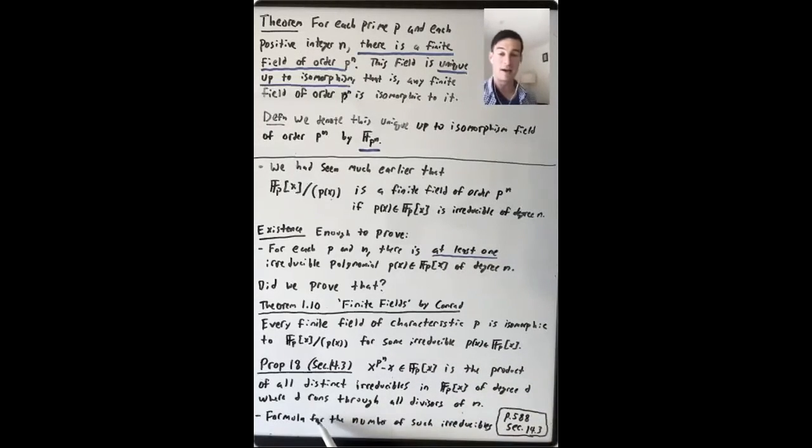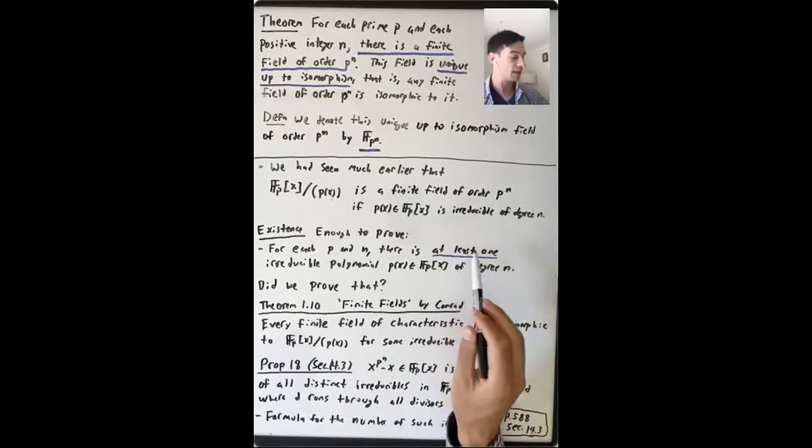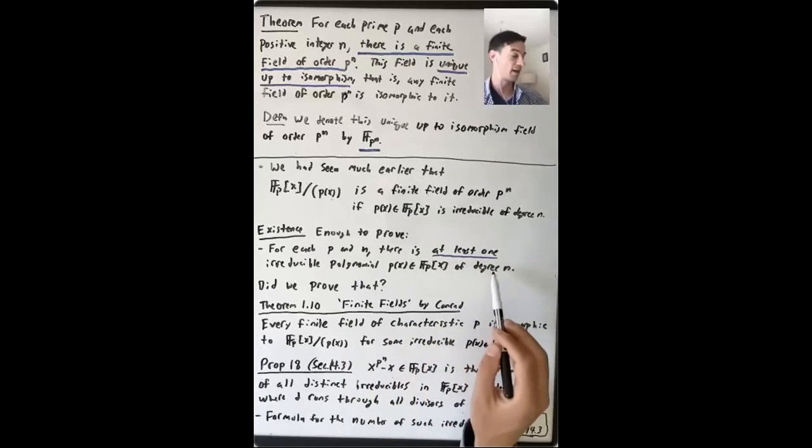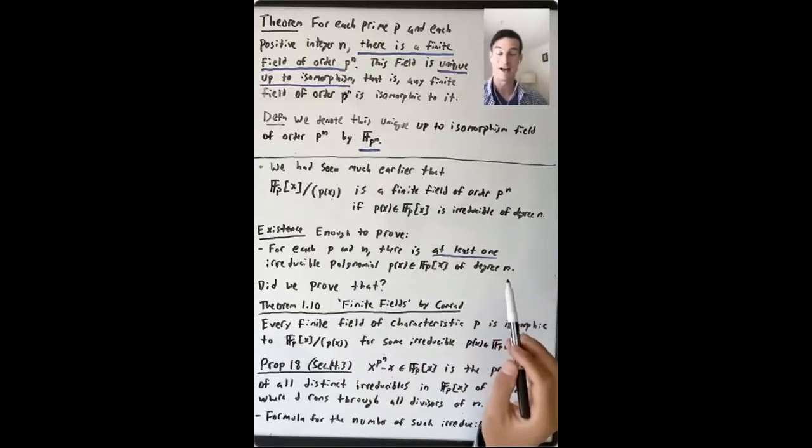There's a formula for the number of irreducible polynomials of degree d in F_p[x], given on page 588 at the end of section 14.3. And so we'll see by factoring this polynomial that there really is at least one irreducible polynomial p(x) in F_p[x] of degree n for each n.